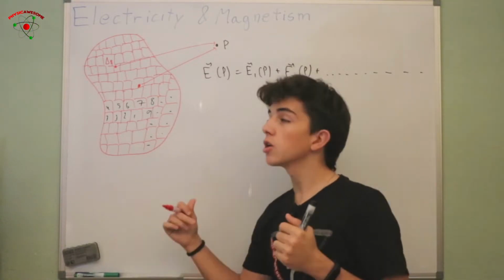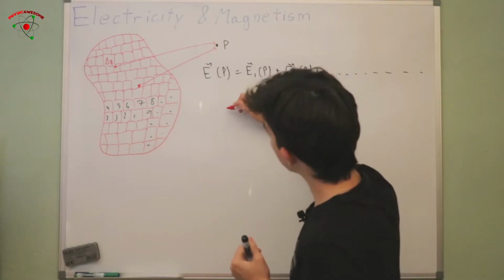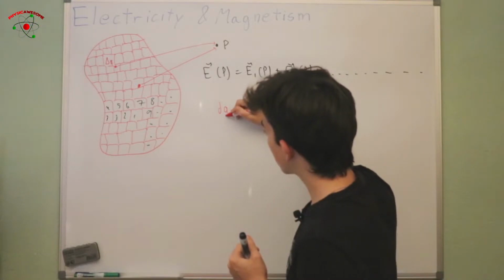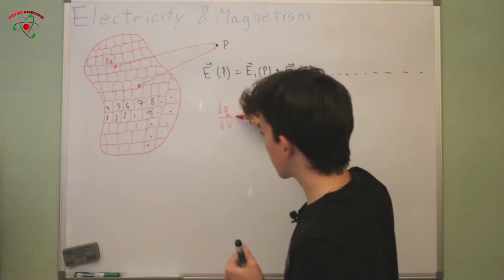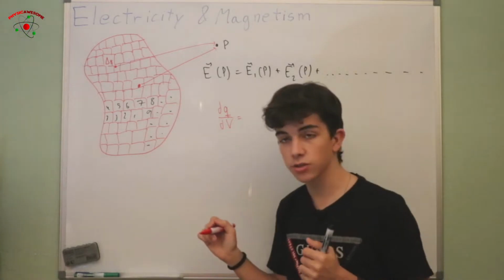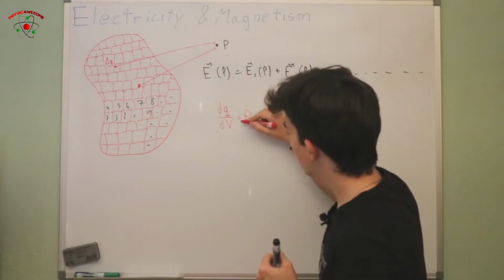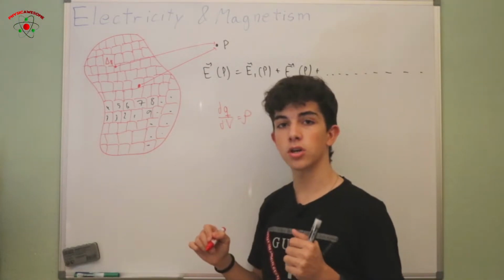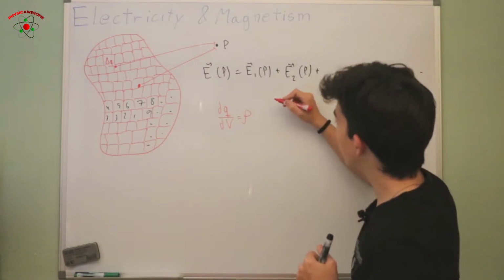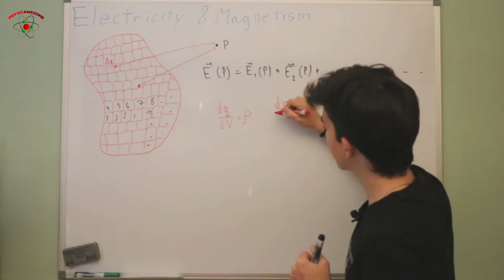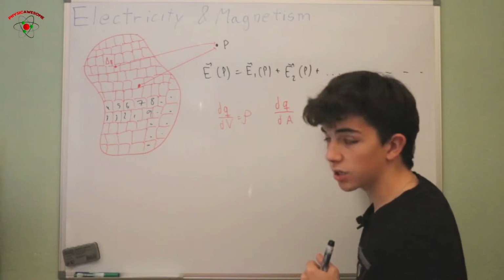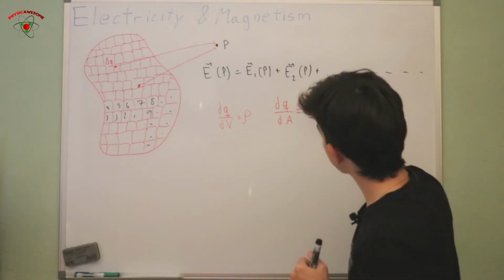In general, we define dq over dV, if we are talking in 3 dimensions, to be rho, the 3-dimensional charge density. We define dq over dA, if we are talking in 2 dimensions, as sigma.